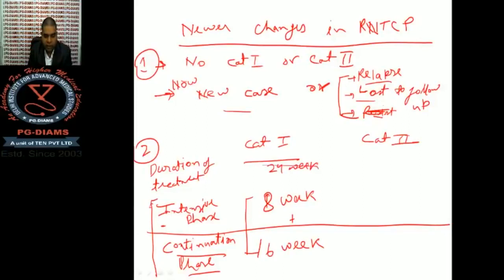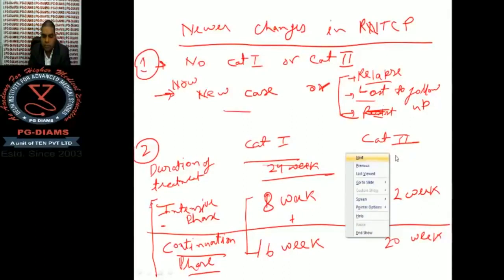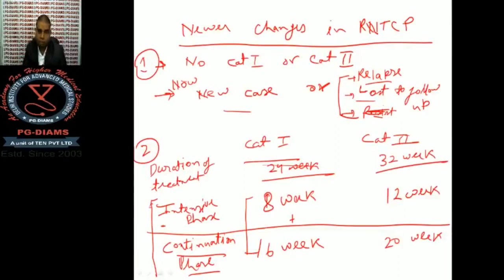Under category 2, it is 12 weeks intensive phase and 20 weeks continuation phase, so a total of 32 weeks. Now it's not very difficult to remember. You just have to remember 8 and 16; double of 8 is 16, and then you add plus 4 to both numbers.